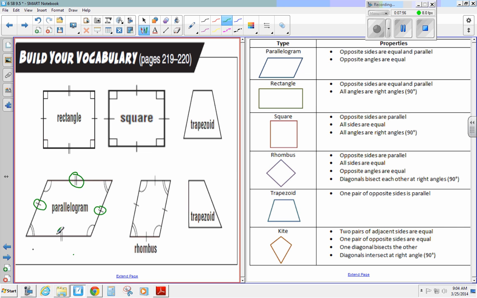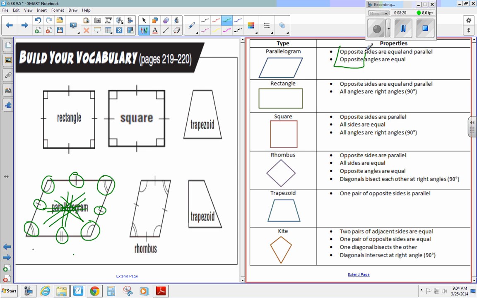Two dashes, two dashes. The angles are also equal. Notice here that there's two little arcs, two little arcs. It means that these are congruent, these are congruent, these are congruent, and those are congruent. Opposite angles are congruent.